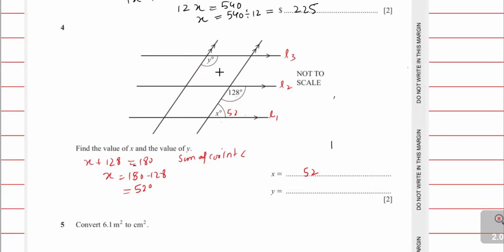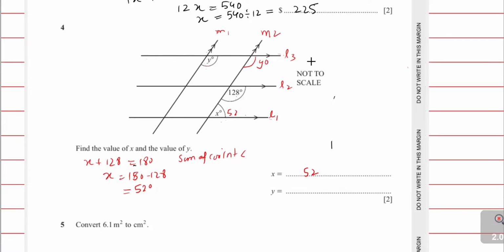And next we have to calculate this angle y degree. To calculate y, here we take these two parallel lines. This is line M1 and this is line M2. We consider this is the transversal line, and the corresponding angle between these two parallel lines M1 and M2, we name it as y degree.